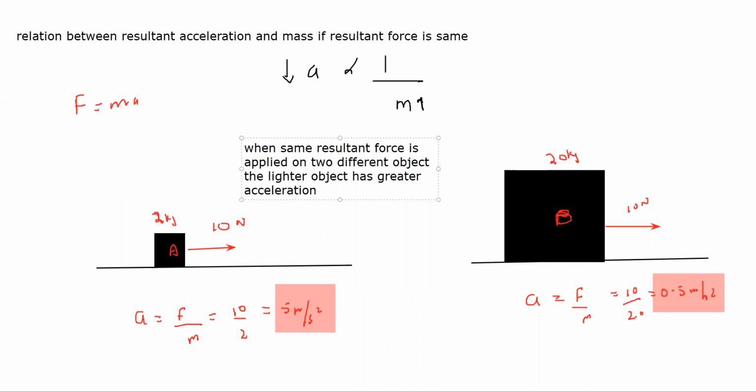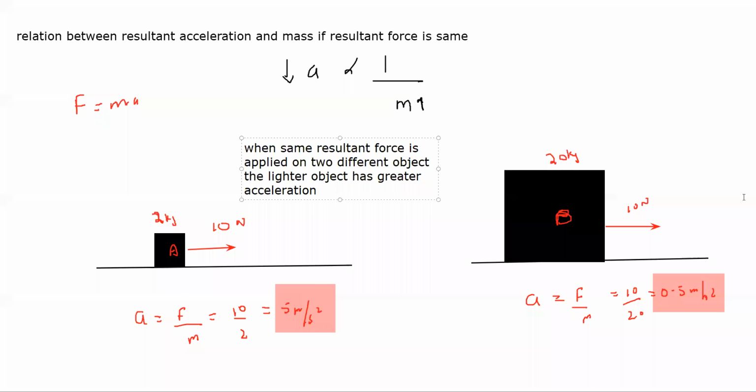So when you apply the same resultant force on two different objects, the object which is lighter will have a greater acceleration. So is the concept clear?